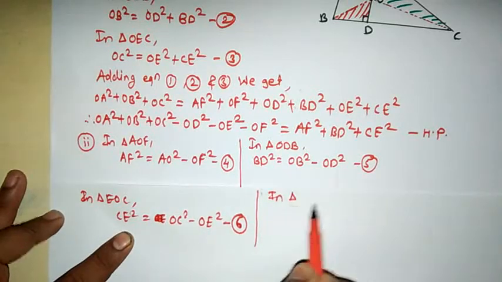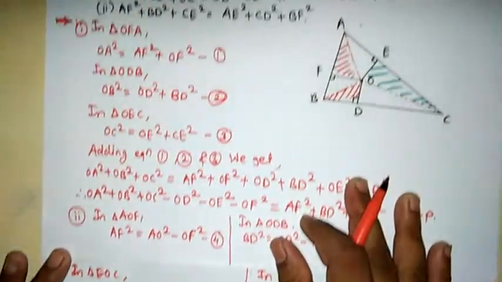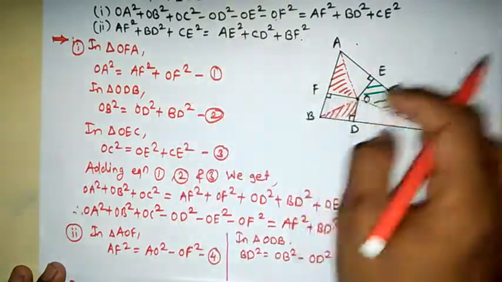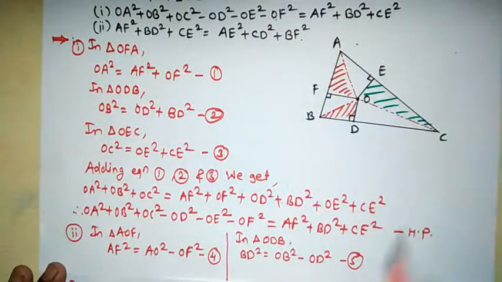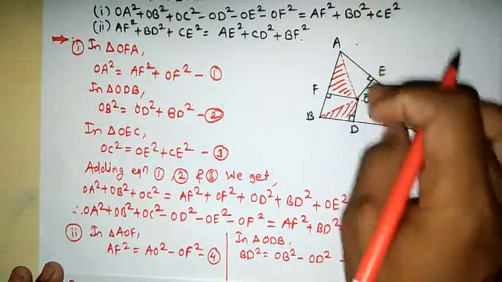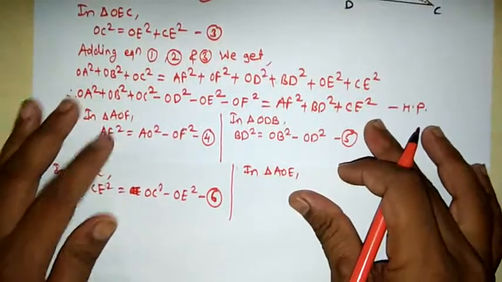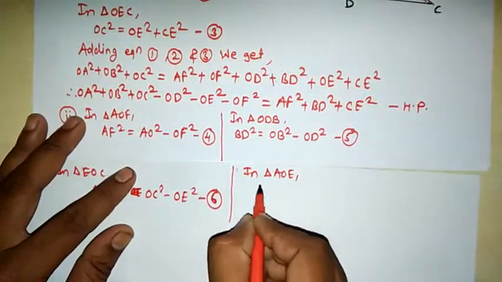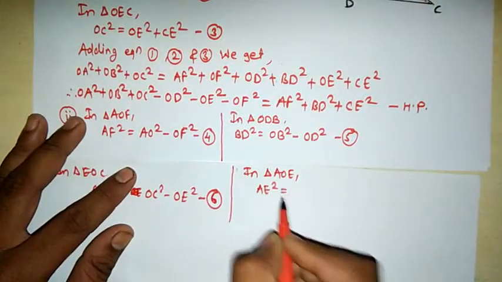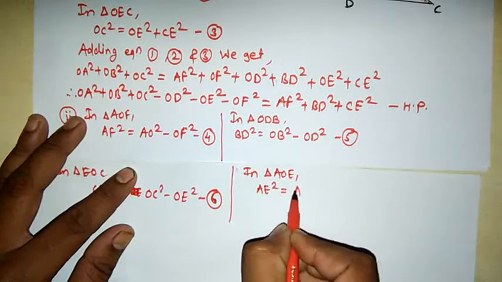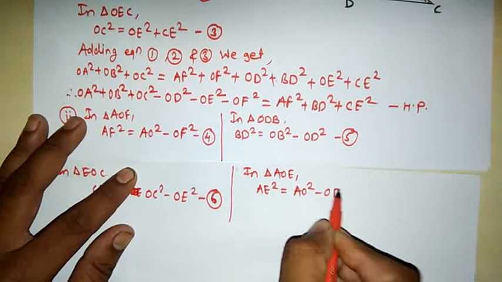In the next proof we want AE square. In which triangle will we get AE square? In triangle AOE we will get AE square. In triangle AOE, AE square is equal to AO square minus OE square.